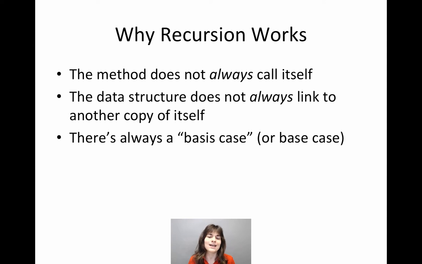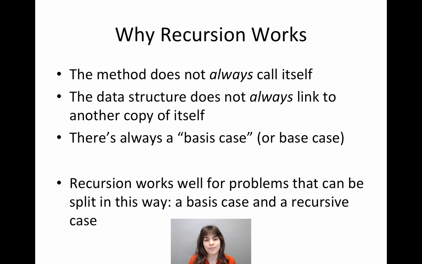There is always a base case, as we say in programming terms. In other words, there is always a case where the call to itself will not happen. And recursion works well exactly for those kinds of problems that we can easily split in this way. We can have a base case and a recursive case.